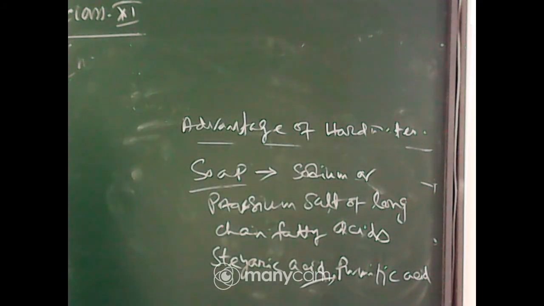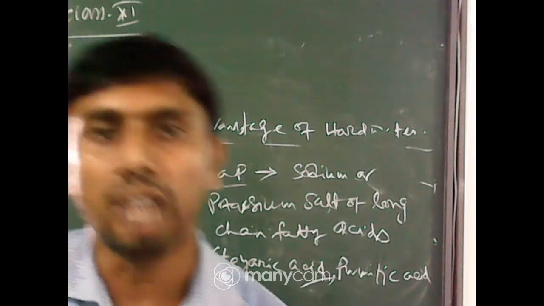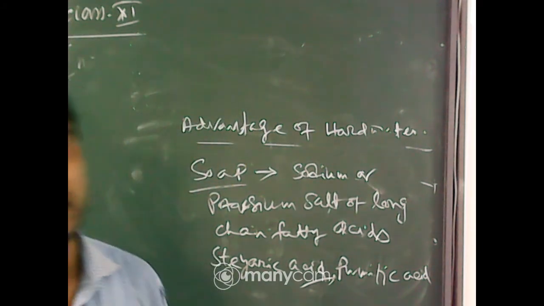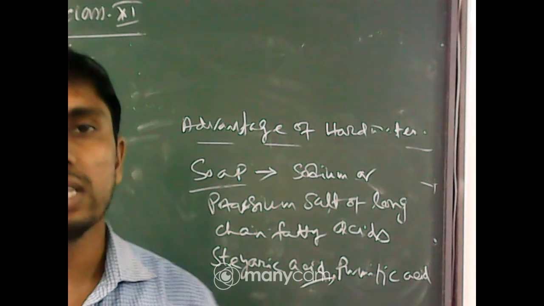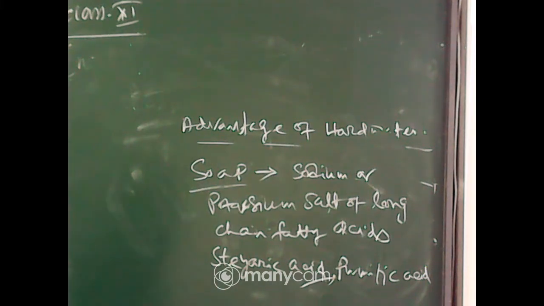Now, what are detergents? We know that scum is formed when soap reacts with hard water, but if synthetic detergents are used, no scum is formed in contact with hard water or soft water. The synthetic detergents are compounds such as lauryl sulfate, which is a composition of shampoos, and also sodium dodecyl benzene sulfonate.